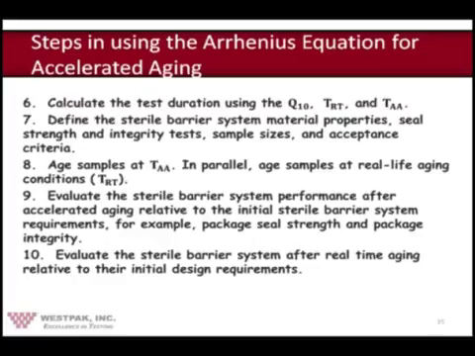Those are up to you to determine again. And then evaluate the sterile barrier system after the real-time aging relative to the initial design requirements, and then you compare the real-time to the accelerated. And if those coincide, you're home free. Okay? Sounds complex, but actually works out fairly well.